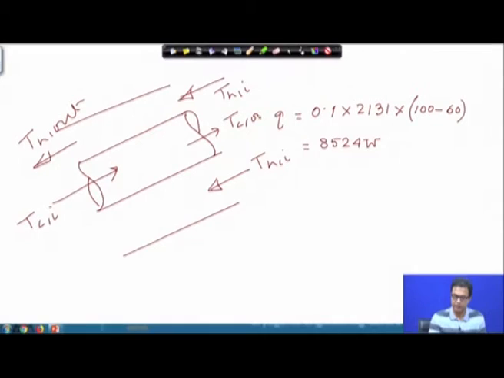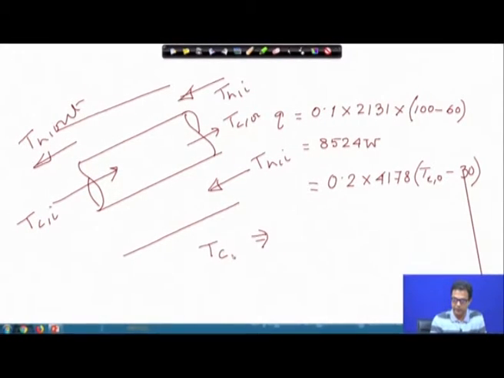Now, we can equate this to the water flow rate 0.2 multiplied by the cold fluid specific heat, which was 4178, multiplied by T C out minus T C in, which is 30 degree centigrade. So, this makes T C exit to be 40.2.